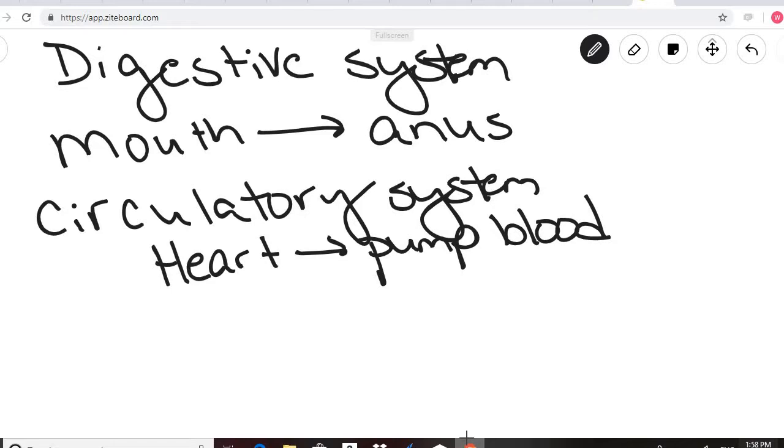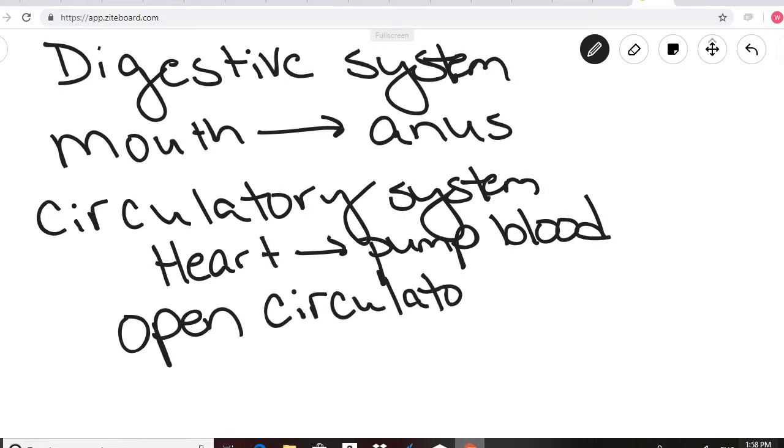you might remember from biology that one type of circulatory system is called an open circulatory system. And that means that the blood doesn't circulate in blood vessels, but it just gets dumped into open cavities and it comes in direct contact with the tissue.